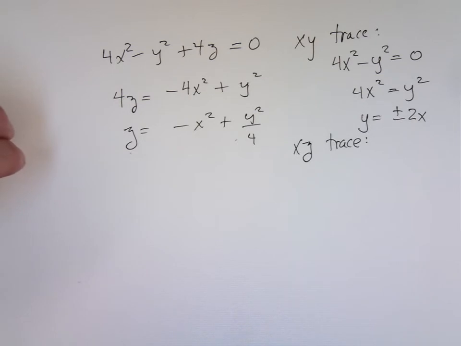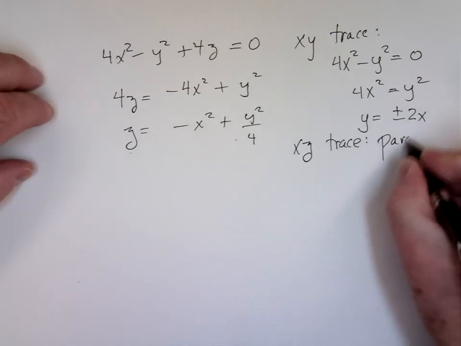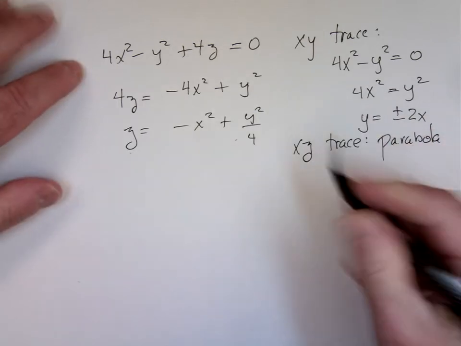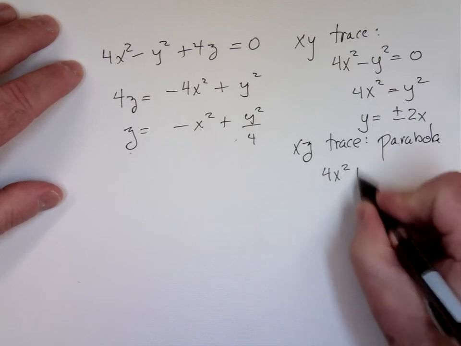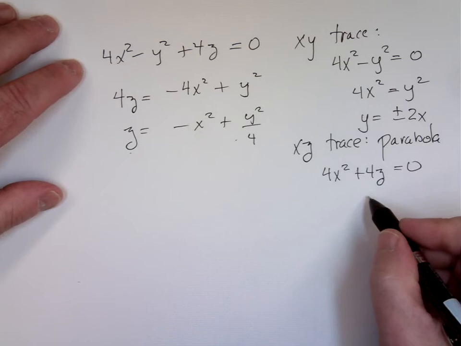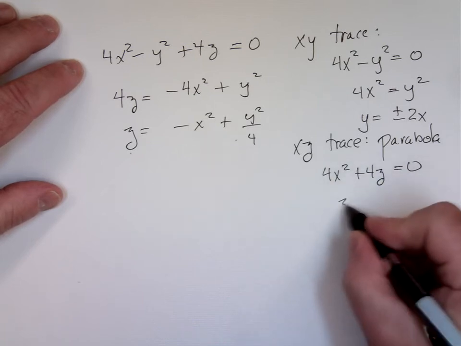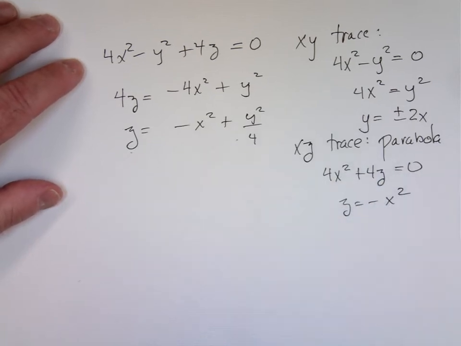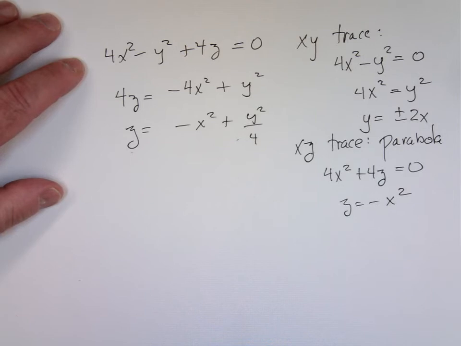Is that a parabola? It's a parabola. Why? Because you're letting y equals 0. If you solve this for z, knock out the 4, z is the opposite of x squared. That's a parabola. Z is not squared, x is, concave down.